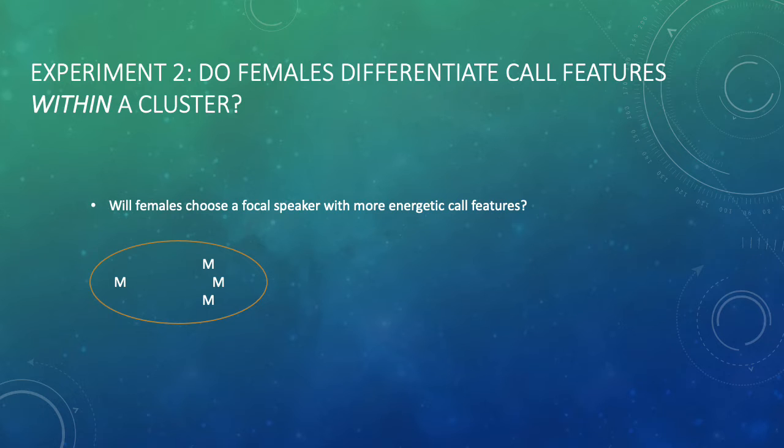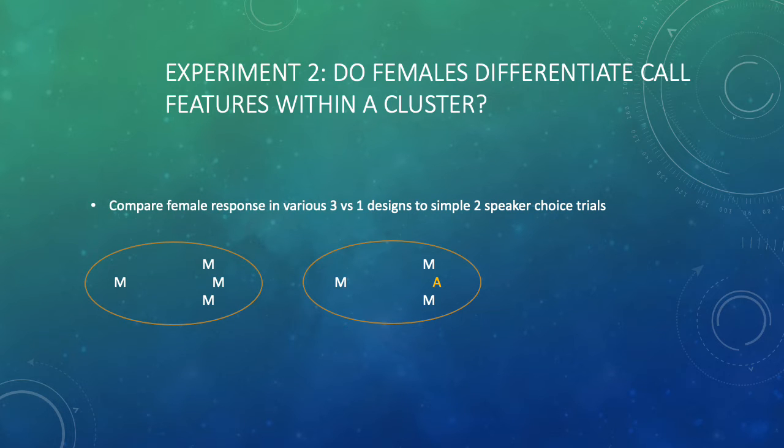So of course we still have our 1 M versus 3 M's, but now we can boost the central call in that cluster to an attractive. And for good measure, really maximize the magnitude of difference between the calls within that cluster: make the two flanking left and right signals unattractive.